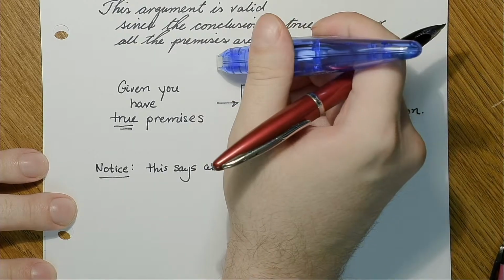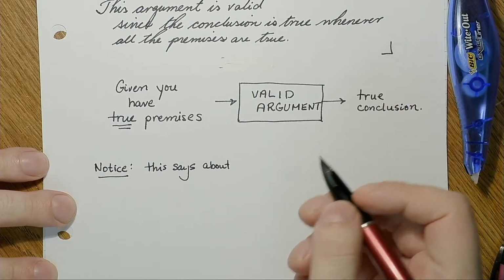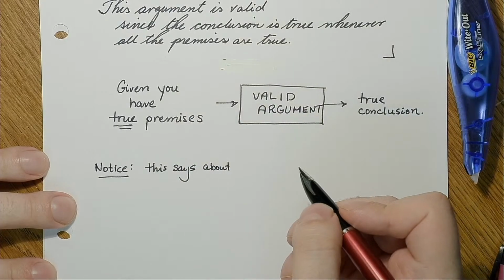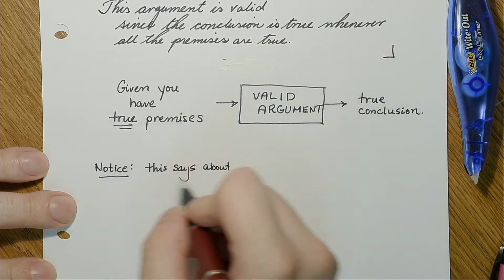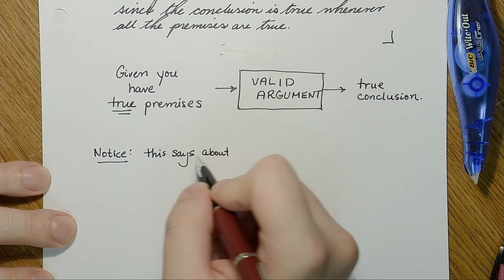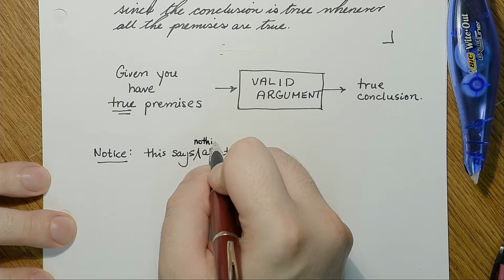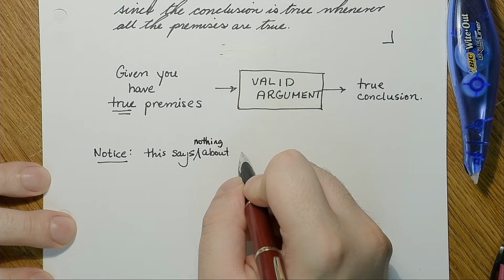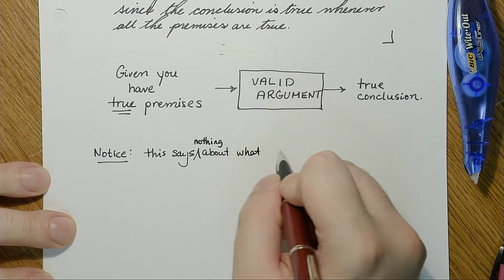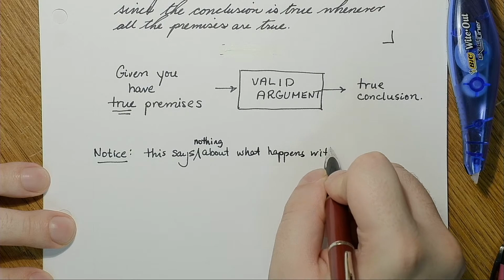Of course, I can't remember, I can't spell. But it's a mathematical guarantee that whenever you have true premises, you get a true conclusion. But this says nothing about what happens with false premises.